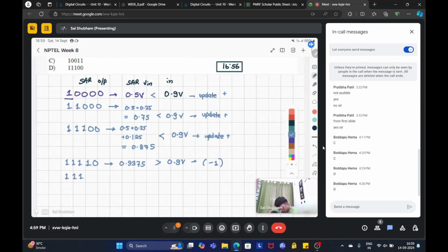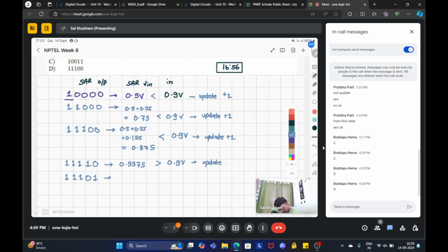So 11101, plus 1 update, minus 1 next plus 1, which is 0.90625, which is greater than 0.9 volt. So next we have 11, update minus 1 next plus 1. Okay, so this is the output.